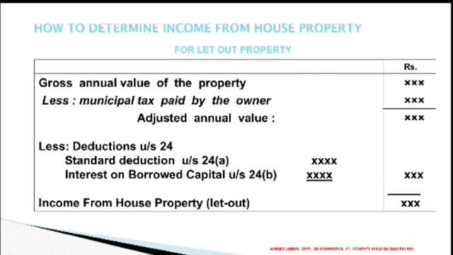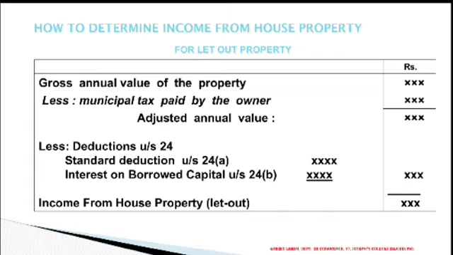Here is how to determine income from house property for let out property. The gross annual value of the property is given, less municipal tax, and we get the adjusted annual value or net annual value. From that we have deduction under section 24. I just clearly explained: the standard deduction, that is 30%, is taken from your net annual value.